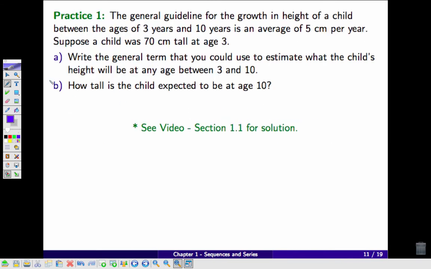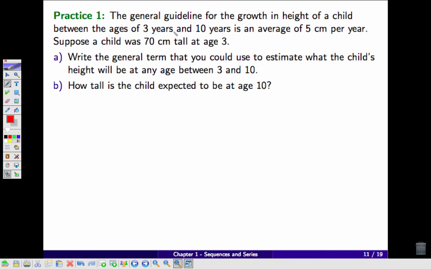So that's a very straightforward example where the sequence is given to you. Suppose you have to generate the sequence. So if we take a look at practice problem 1, let's read the question together here.